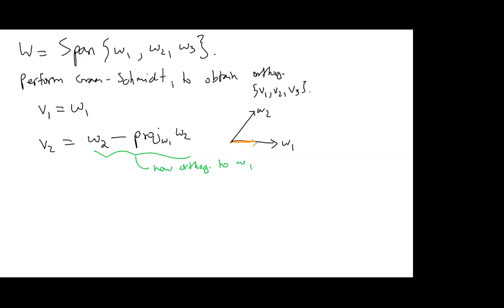Subtracting that off gives us this bit, which is orthogonal to W1. And we'll notice the span of the two black vectors is the same as the span of W1 and this green vector. But now they're orthogonal. All right, and now we're on to V3.